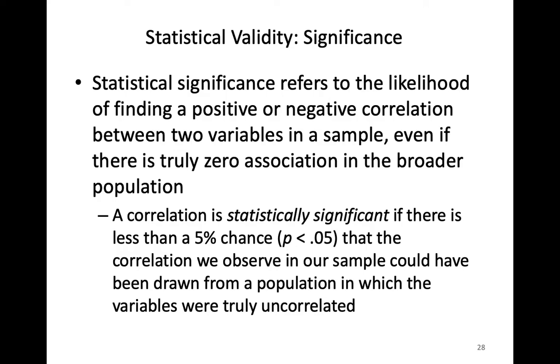So a correlation is statistically significant if there's less than a 5% chance that the correlation we've observed in our sample could have been drawn from a population in which the variables were truly uncorrelated. That's probably a mind bender.